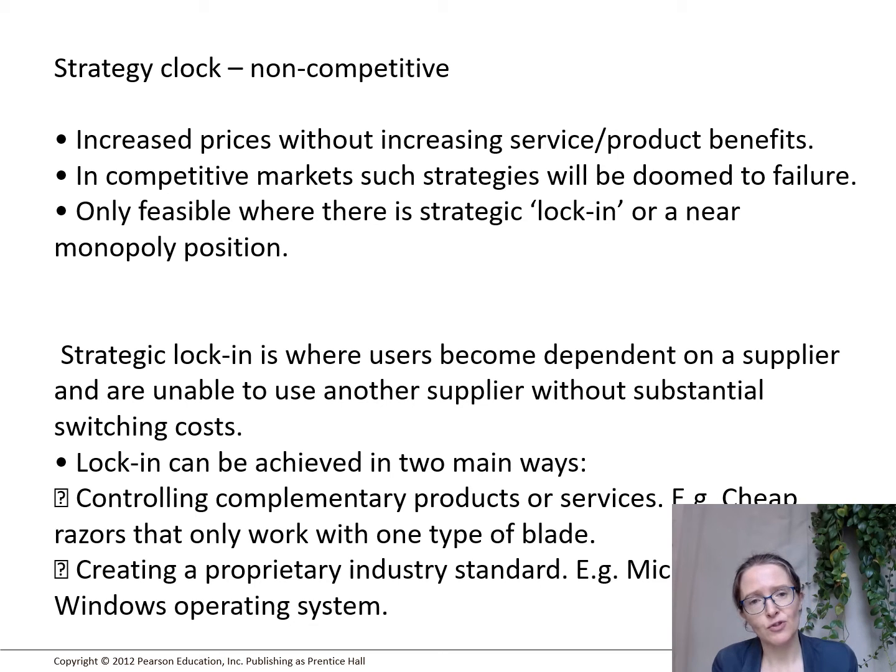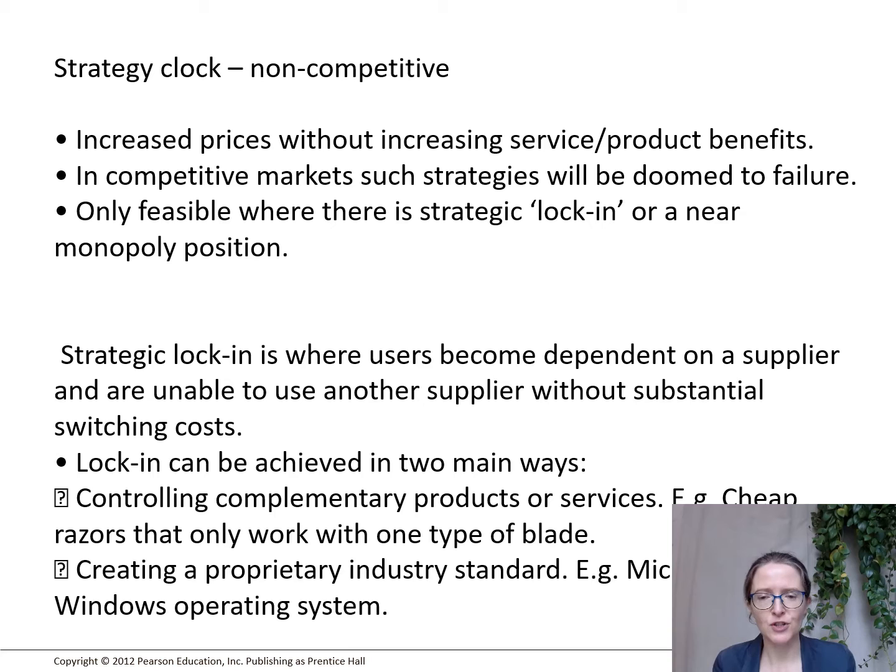These kinds of strategies are only feasible where there is strategic lock-in or a near monopoly position. Strategic lock-in is where users become dependent on a supplier and are not able to use another supplier without substantial switching costs. So lock-in can be achieved in two ways. It can be achieved either by controlling complementary products or services.